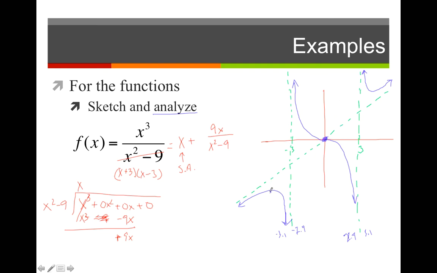There is a maximum right here and a minimum right here. The only x or y intercept is the point 0, 0. And my end behavior is as x goes to infinity, y goes to infinity. And as x goes to negative infinity, y goes to negative infinity, following those asymptotes.